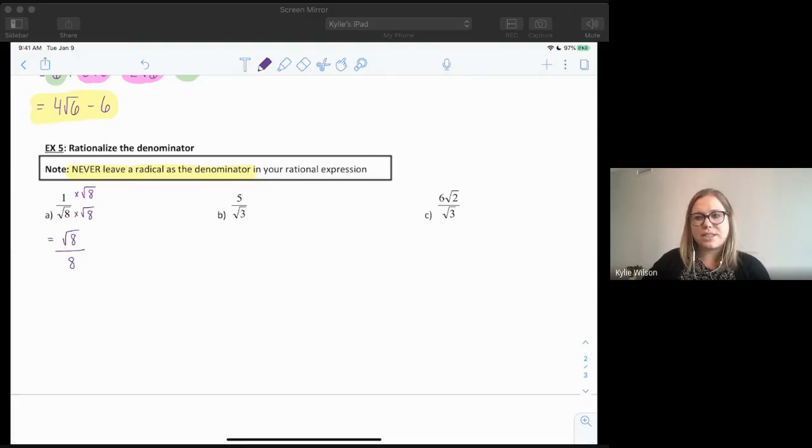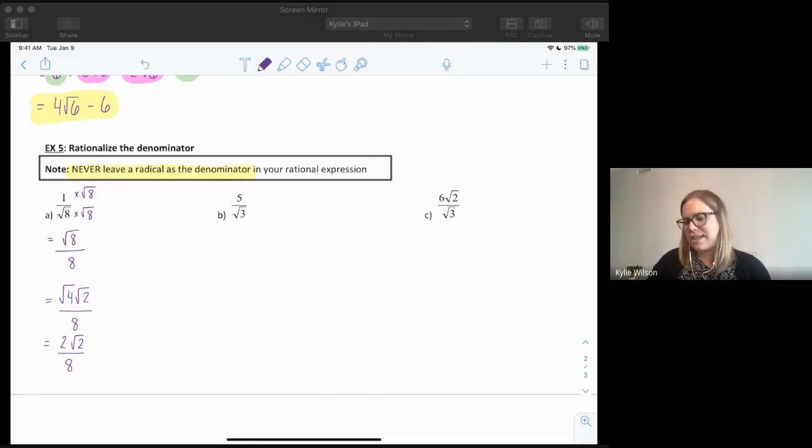Now, to continue making this nice and simple, we can simplify that numerator there. So root 8 goes to root 4, root 2, all over 8. You'll notice you start seeing certain numbers like root 8, and you start to see a pattern and remember what they're equal to. So that will give me 2 root 2 all over 8.